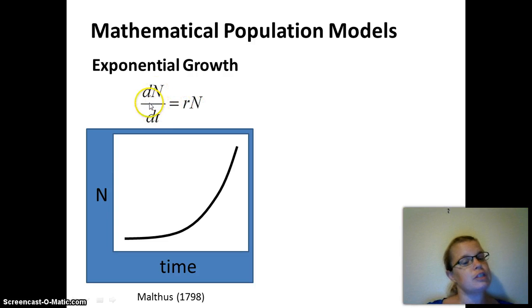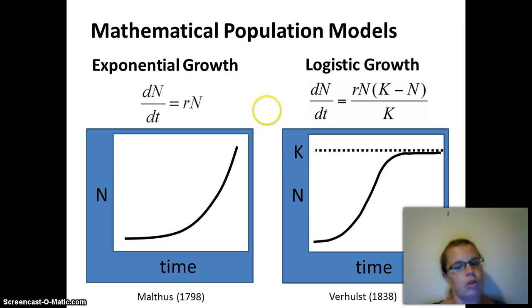So population growth is directly proportional to the number of individuals in the population. So as the population increases, the population goes faster and faster and faster. It accelerates. We've also talked about logistic growth, where the population initially grows exponentially, but then slows down and kind of levels off at this carrying capacity K. And that's what the equation looks like.